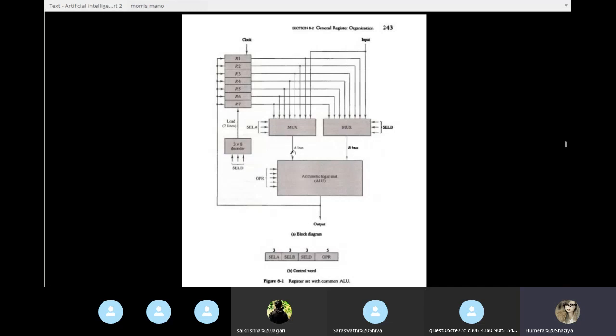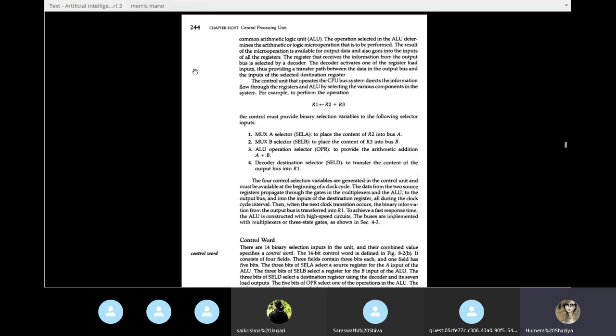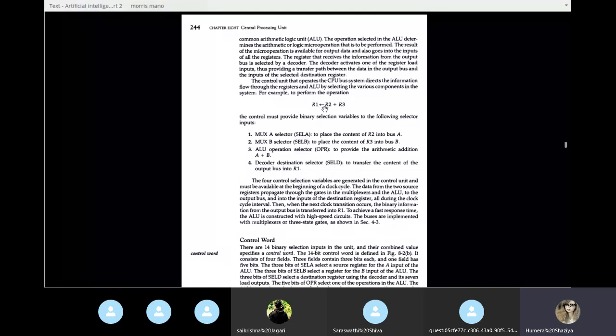On this bus R2 is placed, on this bus R3 is placed, and then ALU performs the operation. Which operation? This OPR is plus, and then the sum of R2 and R3 is stored in R1, because this is the transfer operator, it is like equal to.